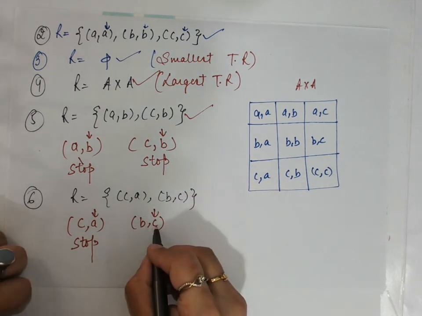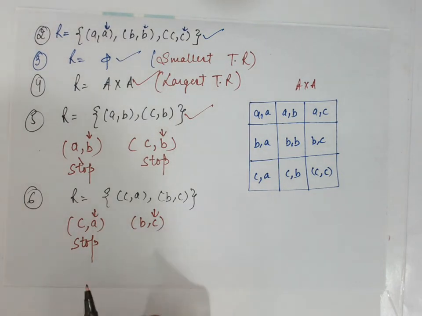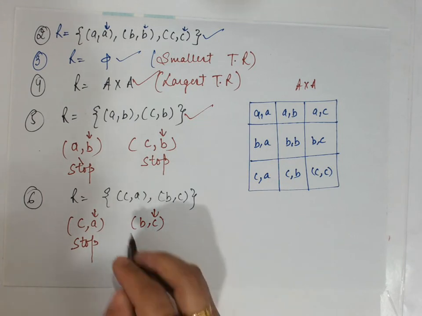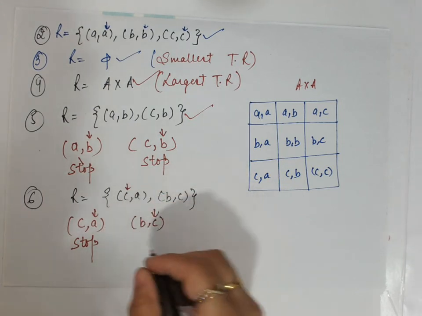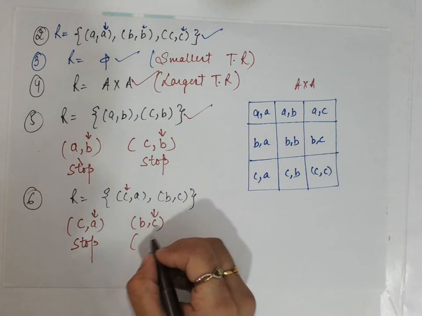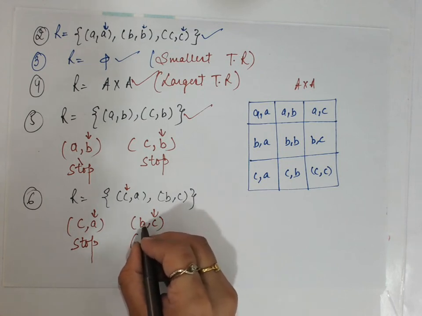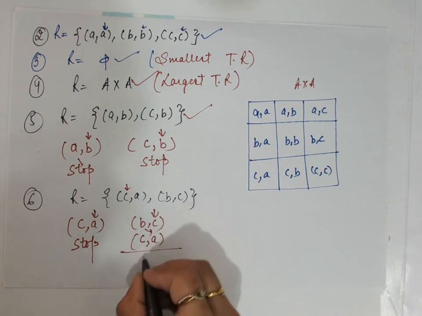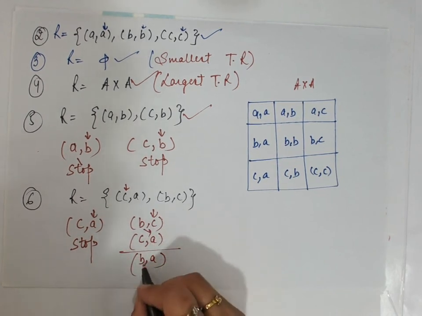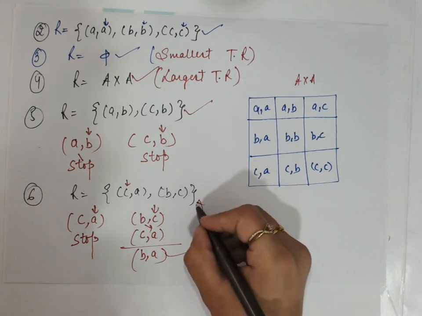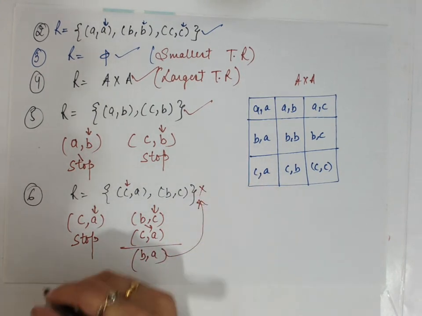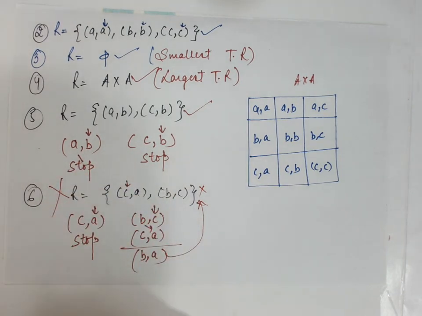Here C is the second element of this ordered pair. Is C the first element of any ordered pair? Yes, C is the first element of this ordered pair. Now B is related to C, C is related to A. Is B related to A? Does this ordered pair exist in the given relation? No. This ordered pair is not present in the given relation, therefore R6 is not a transitive relation.